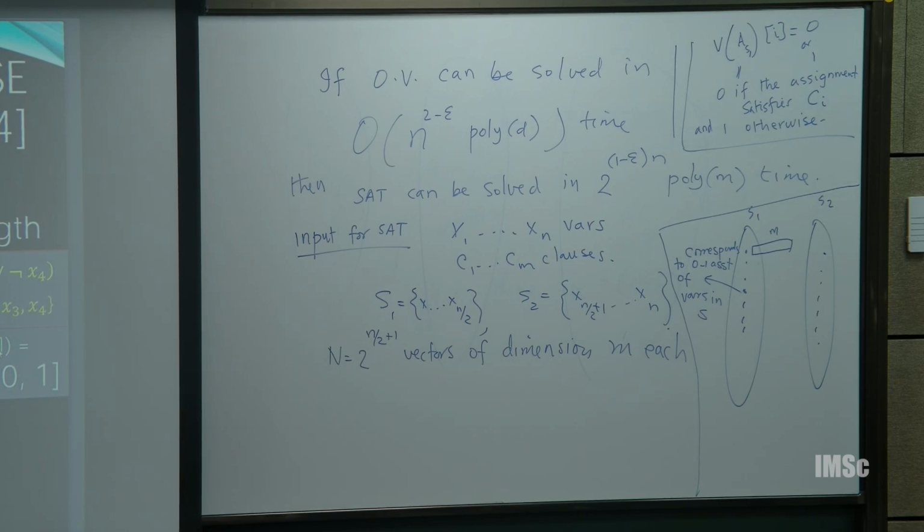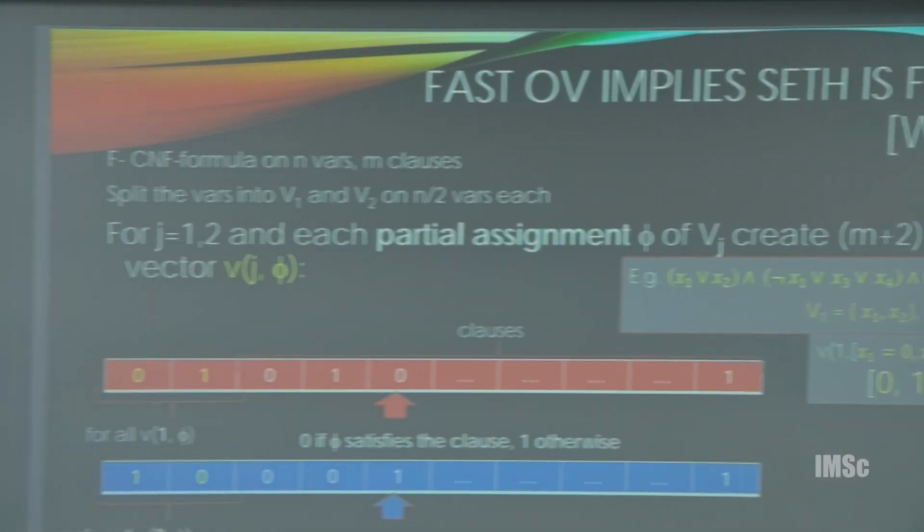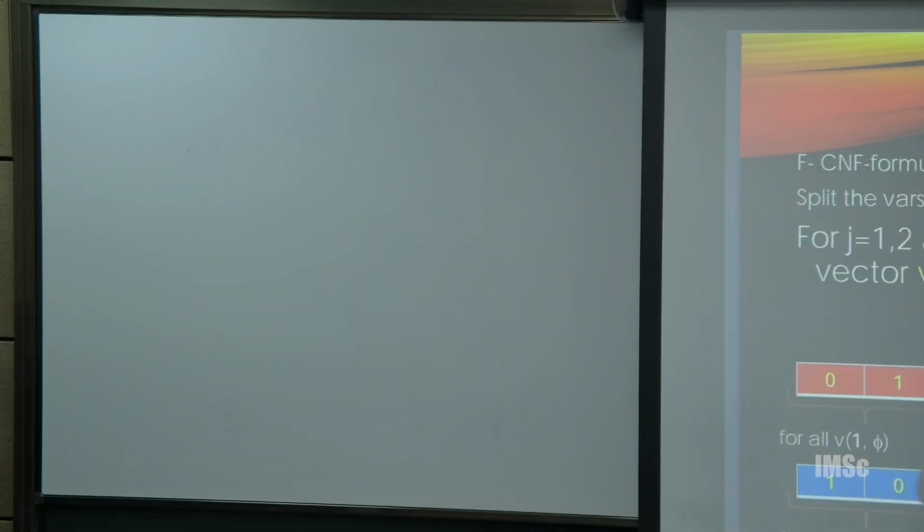So, now let us go back to our claim in the statement. If OV can be solved in n power 2 minus epsilon poly in D, what is n? It is 2 power n by 2 plus 1.